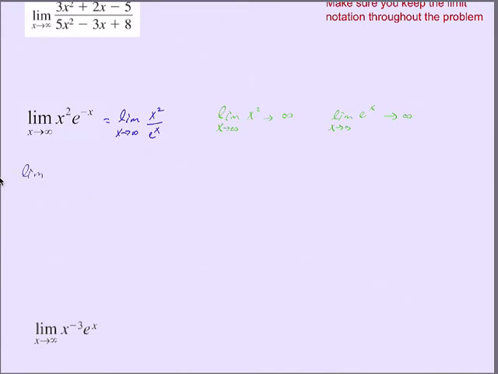I don't need you to specifically say L'Hopital's rule because you're going to apply it. So we'll start with our original limit, which according to L'Hopital's rule must be equal to the limit of the derivative of the numerator divided by the derivative of the denominator, still as x approaches infinity. We have a slight problem: it is still going to be infinity over infinity if we try direct substitution.